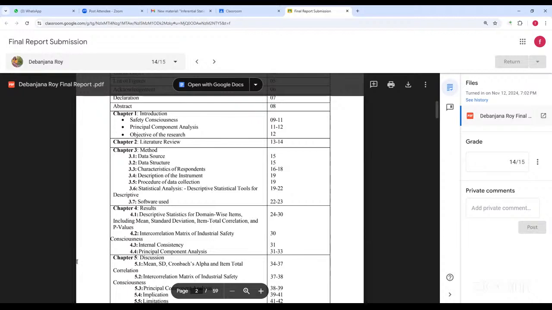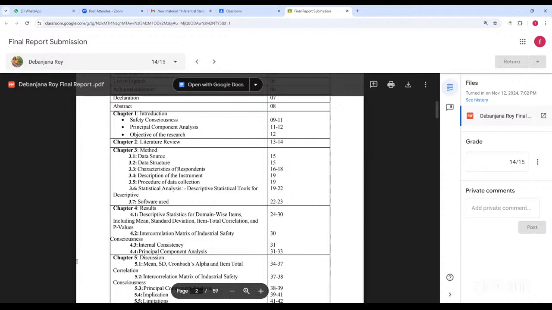Next one is the description of the instrument. Here, description of the instrument means the questionnaire through which data were collected.